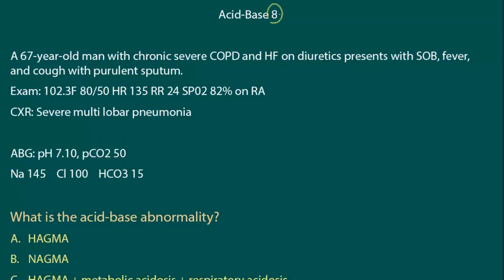Okay, number 8. Here we have a 67-year-old man with chronic severe COPD and heart failure. He's on diuretics and he's presenting with shortness of breath, fever, and cough with purulent sputum.